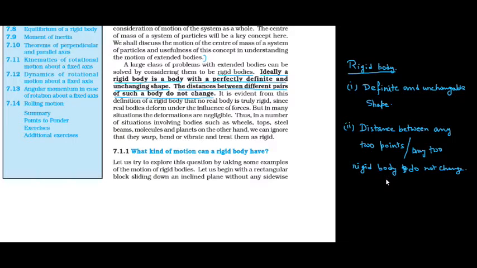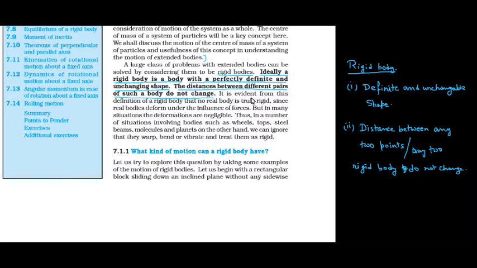So this is the definition of a rigid body. So make a note of this, that what is a rigid body. So the first question we have encountered after reading till here. Now let us read further.